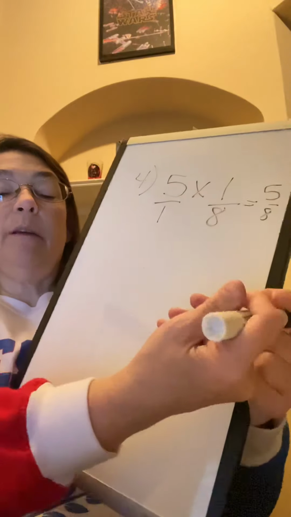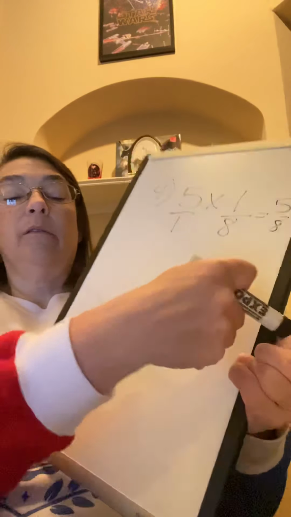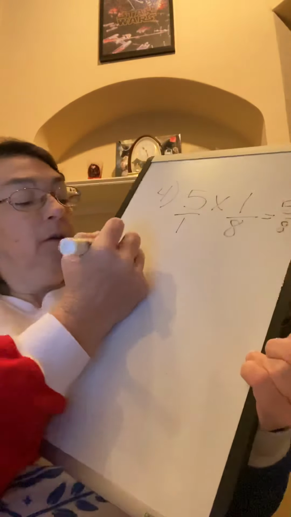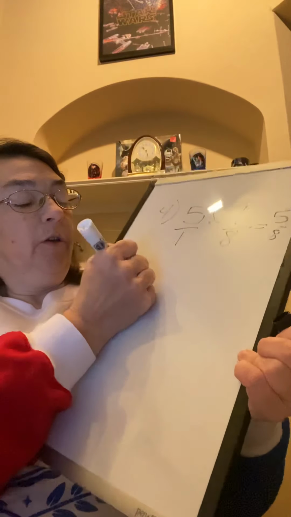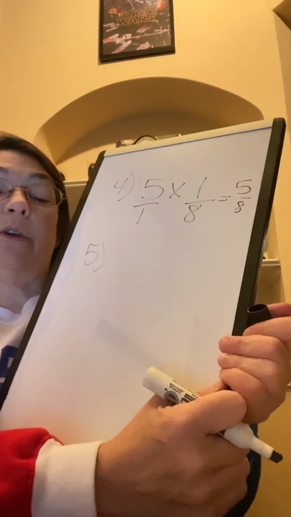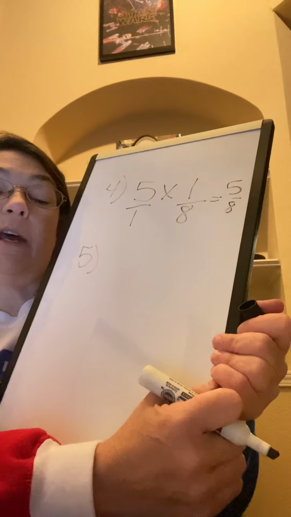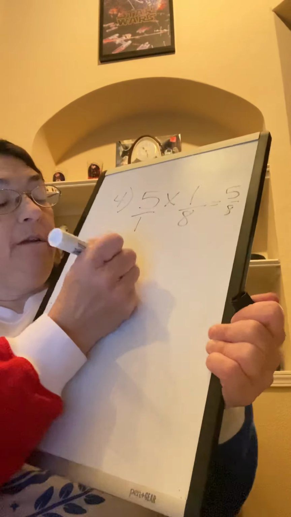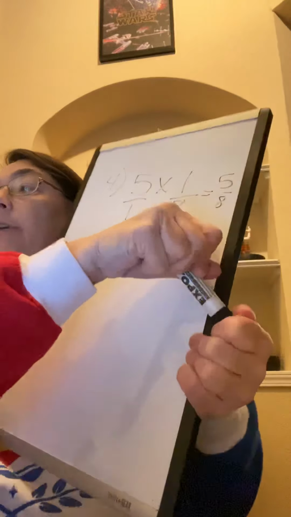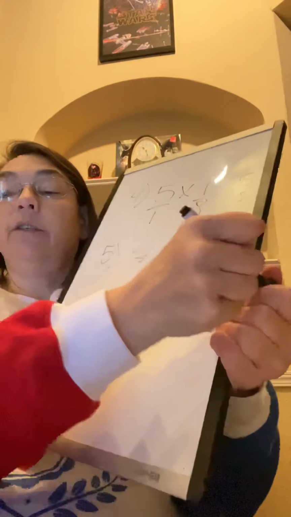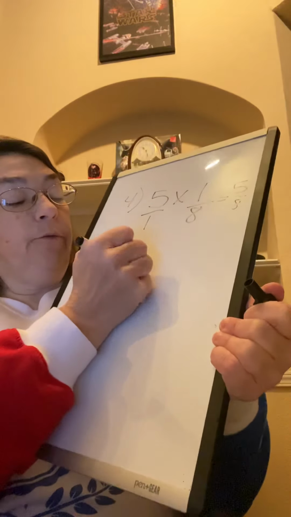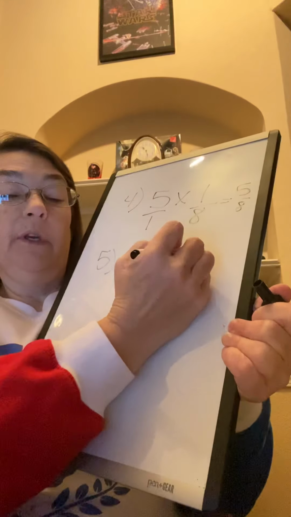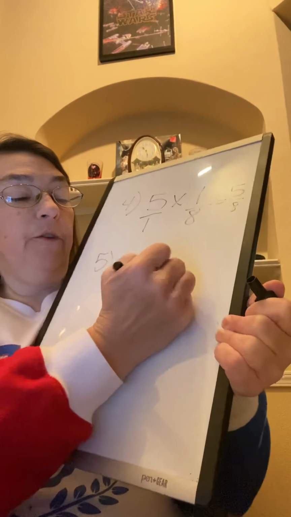All right, let's look at number 5. How many 2/10 do I have? 3. So 3 times 2 over 10.